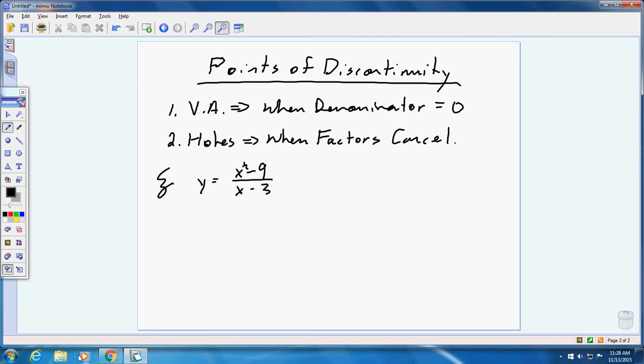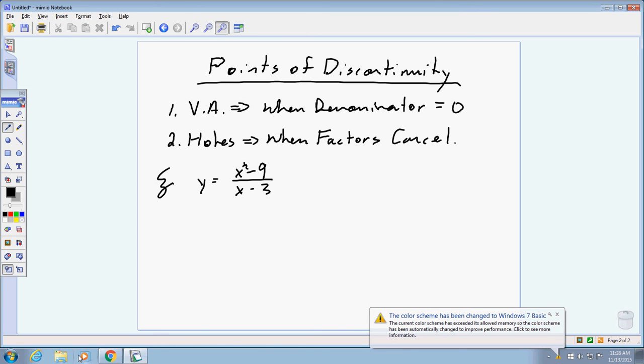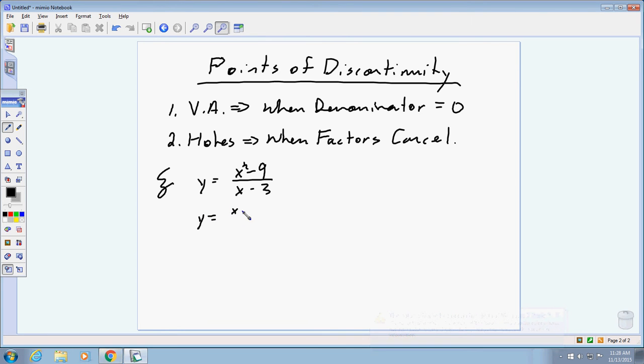If we were just in grade 11 right now, what would we say the vertical asymptote is? 3, right? But remember in grade 11 when we learned how to simplify this stuff, we would factor and cancel. Up top we've got a difference of squares, so I'd have x minus 3, x plus 3 over x minus 3.